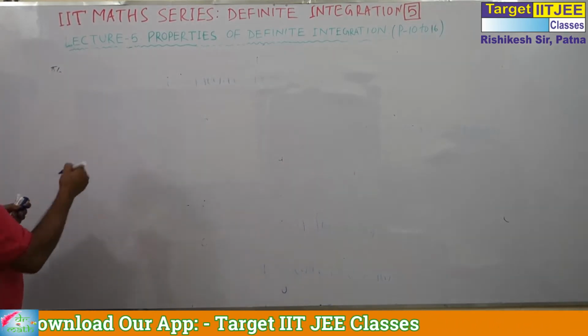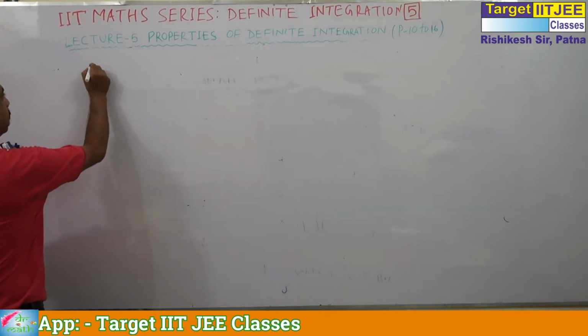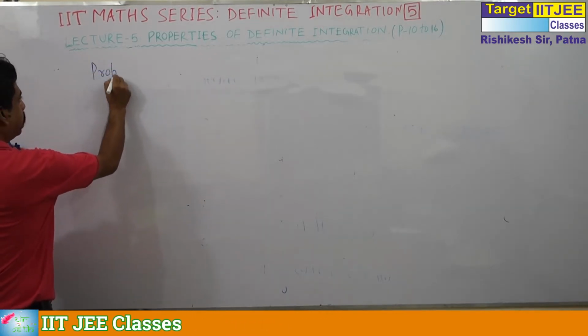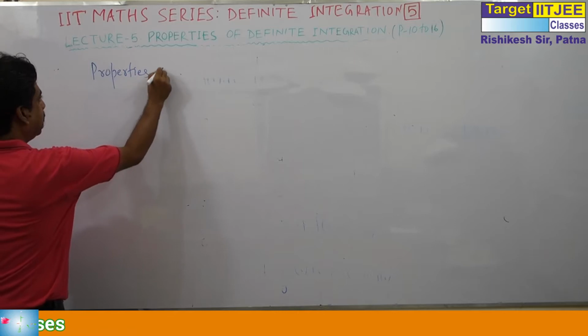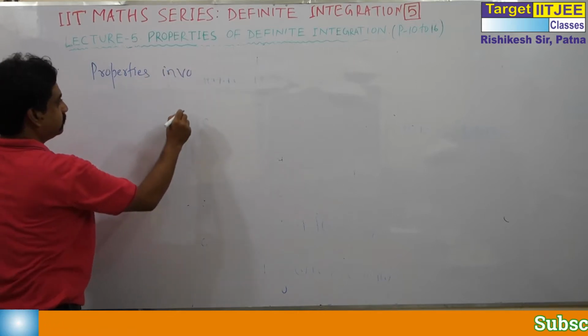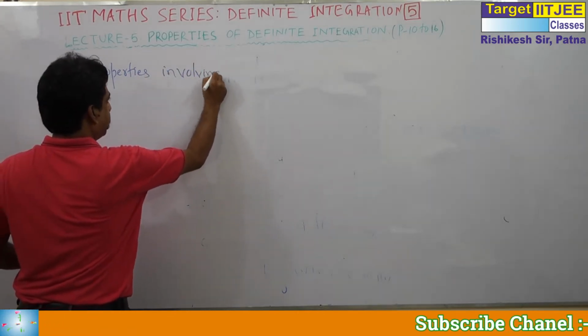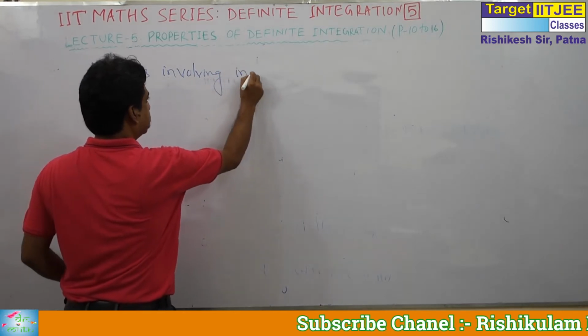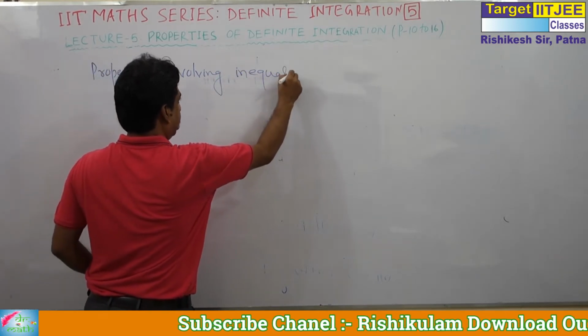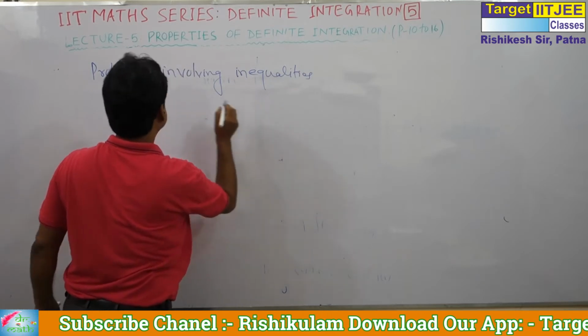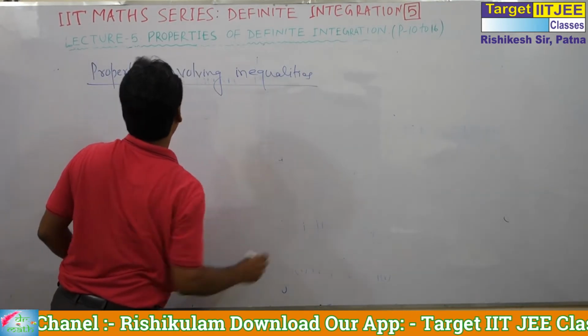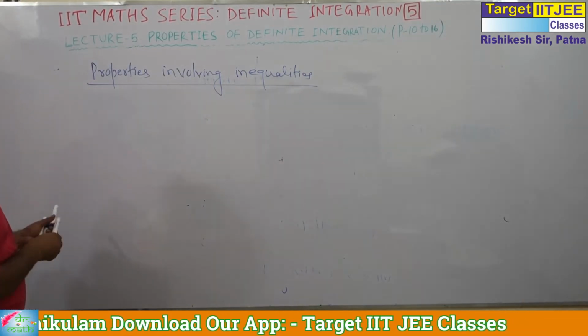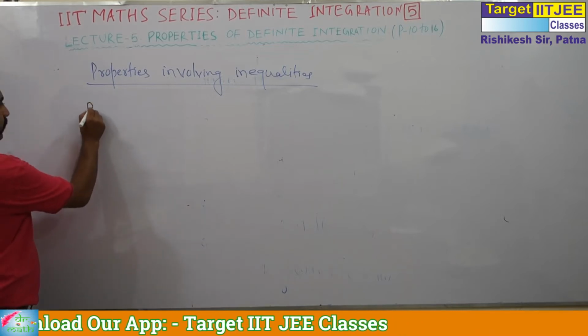Now I will give a heading: properties involving inequalities. Property number 10.